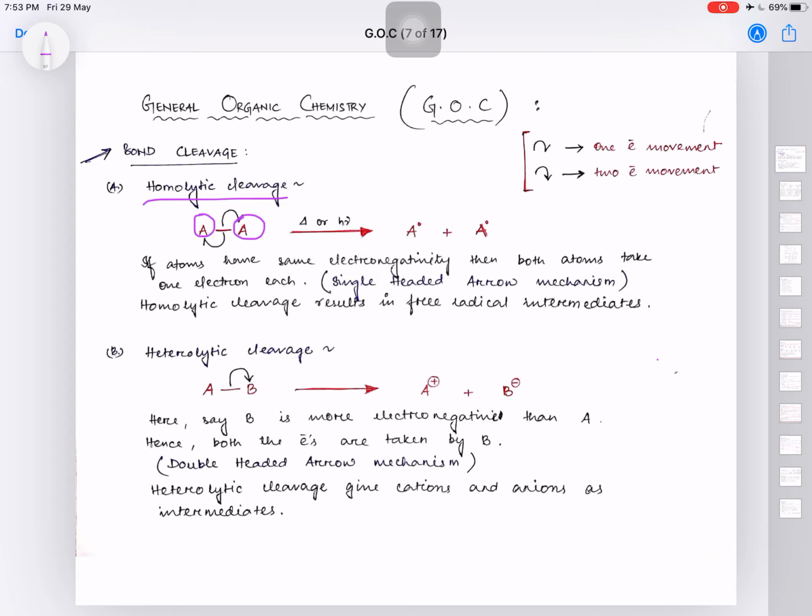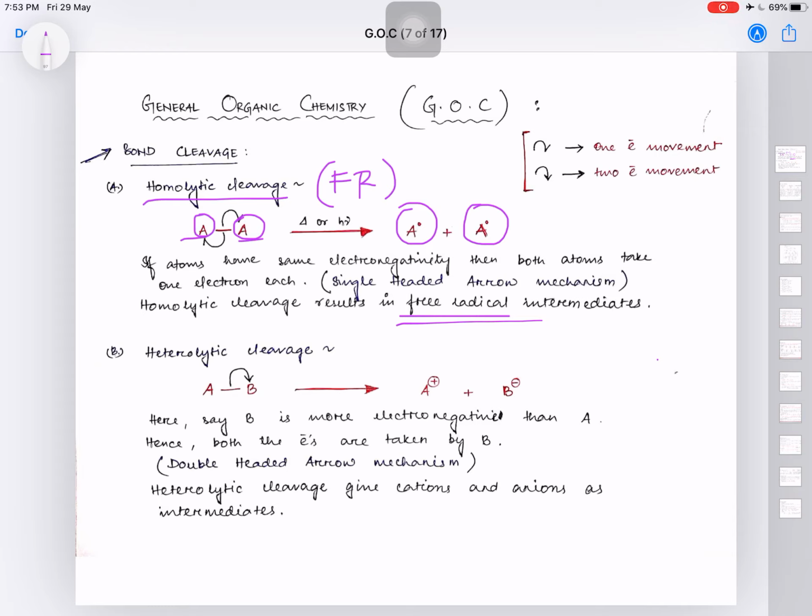If the atoms have the same electronegativity, this bond will break, giving one electron to each atom, and it will result in the formation of free radicals. So always remember that homolytic cleavage always gives free radical intermediates.